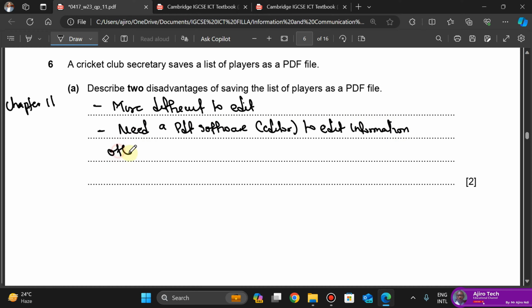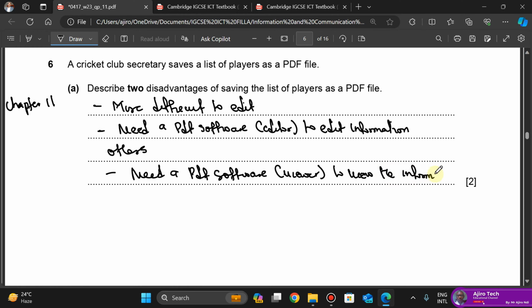Others, you also need a PDF viewer, a PDF software, to view the information. Okay.